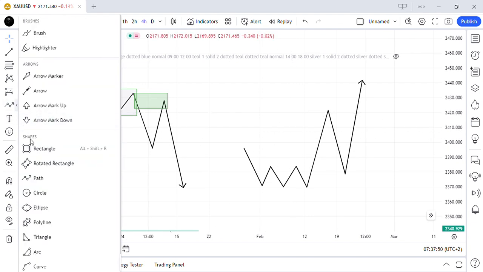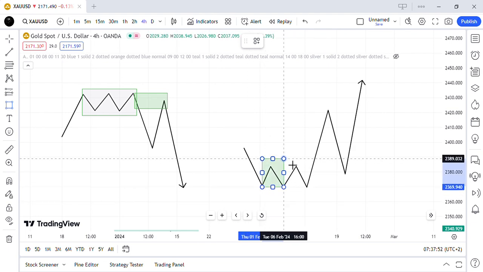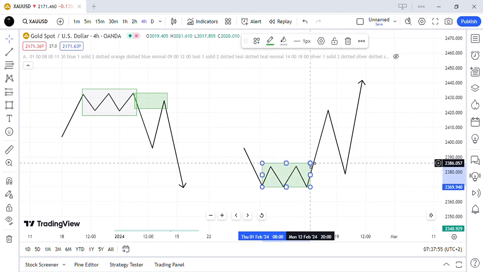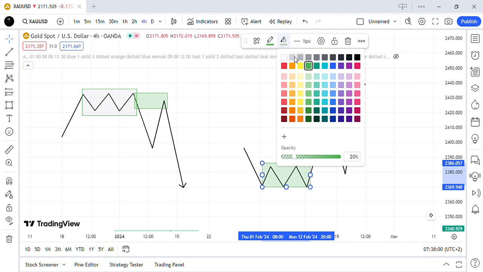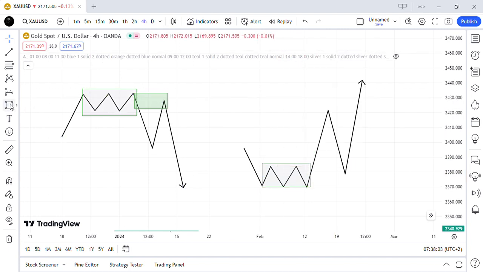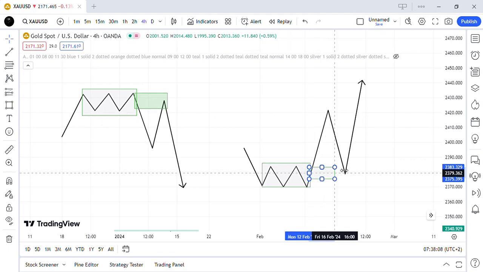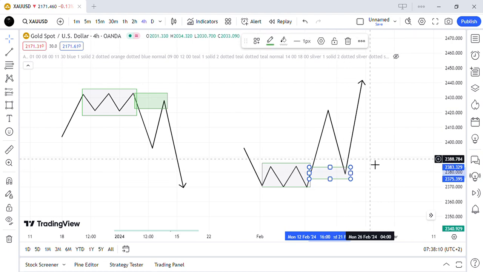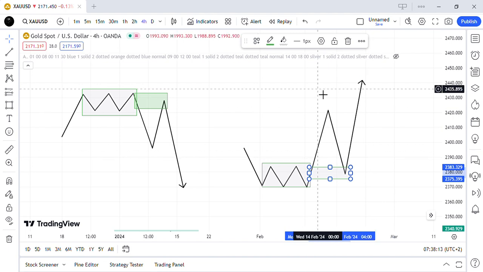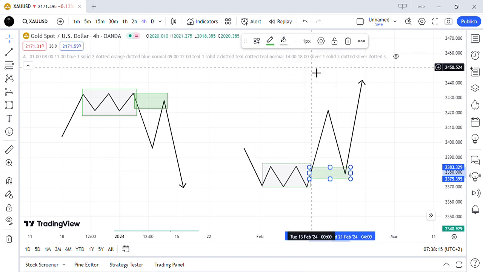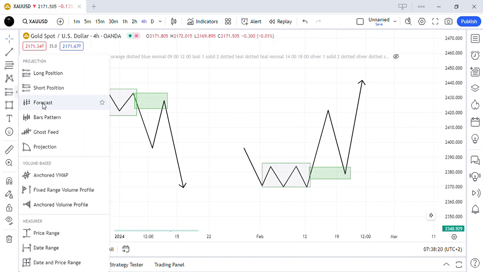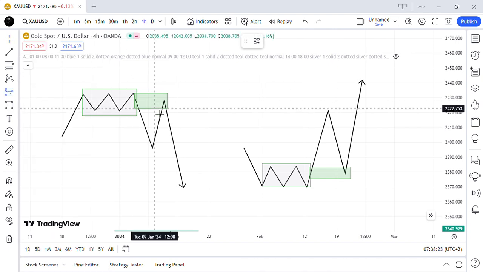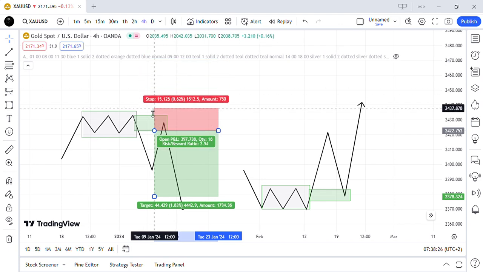Same. Consolidation, expansion, break of structure. Then imbalance. Fill the imbalance, then enter. Always you enter like this.